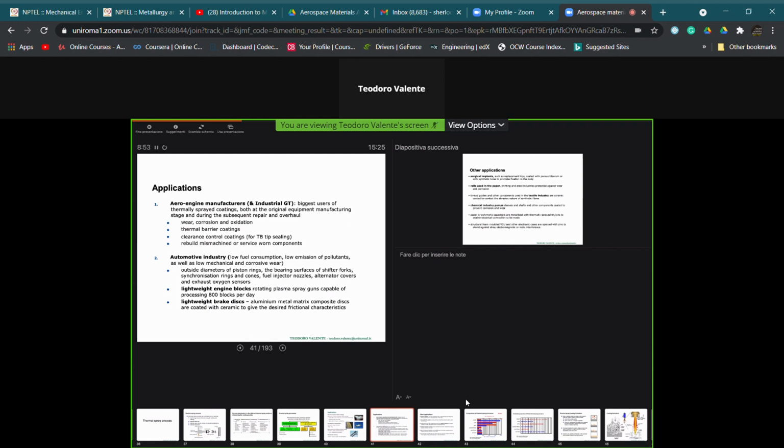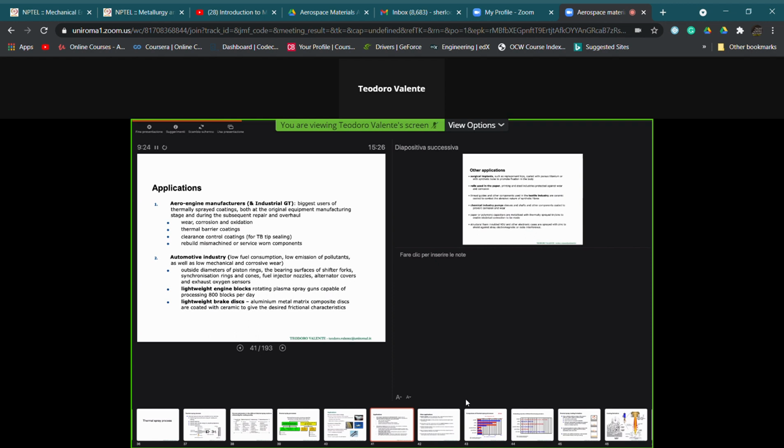Something very near to aluminum, because the melting temperature of light alloys is low, so we need to increase, apart from wear and corrosion resistance, also the possibility to have proper temperature inside the engine blocks, because you know that they control the performance of the engines. These kinds of coatings are also used in lightweight brake discs.